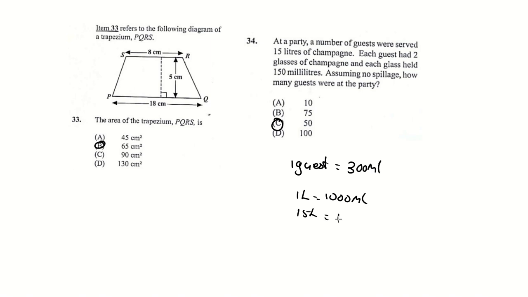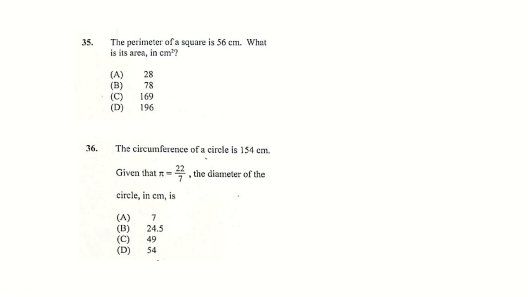So 15 liters is going to be 15,000 milliliters. So the number of guests would be the total amount of wine, 15,000, divided by 300. You get 50. The perimeter of a square is 56. What is the area? So 4 times the side is 56, so the side is 56 divided by 4, which is 14. So the area would be 14 times 14, which is 196.